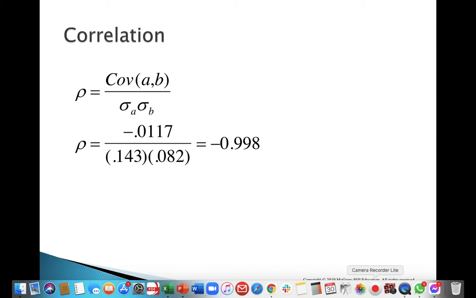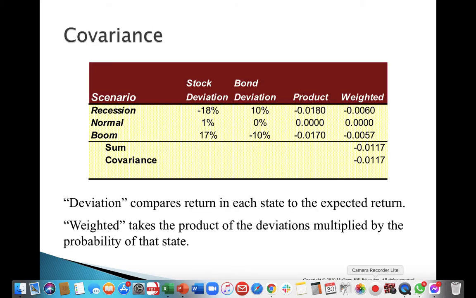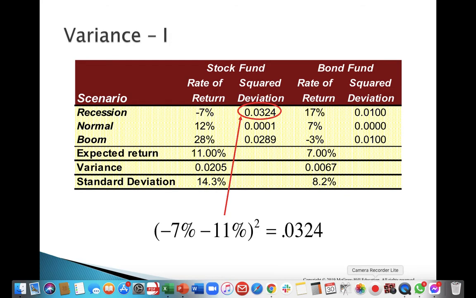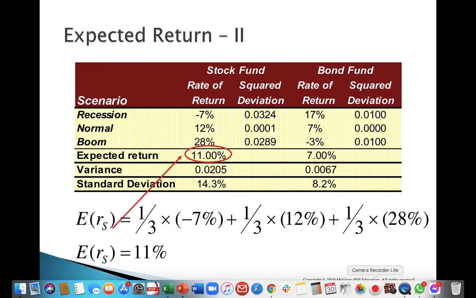Now, in the coming slides, we will see how all these things we have calculated, we have calculated mathematically through formulas. The expected return is equal to probability of return multiplied by possibility of return. Then we calculated the deviation from the returns.